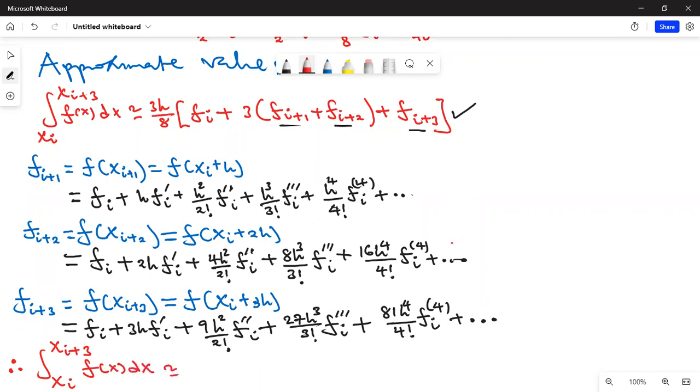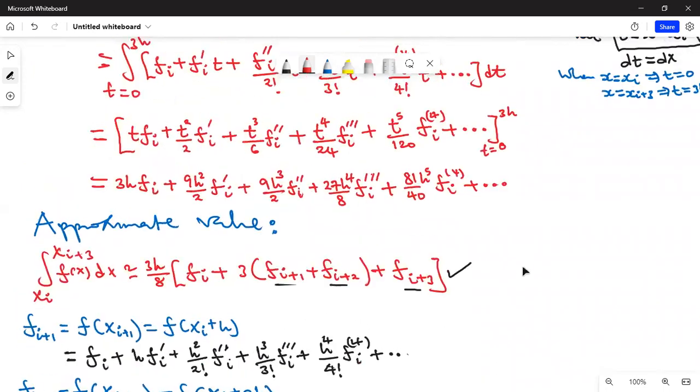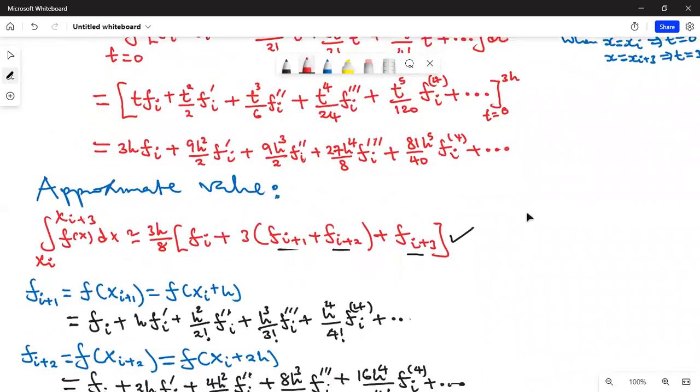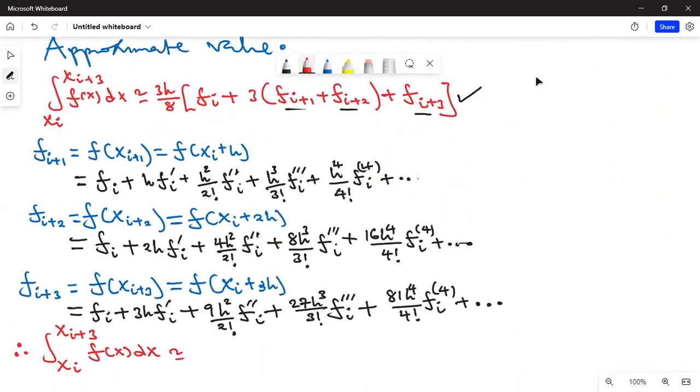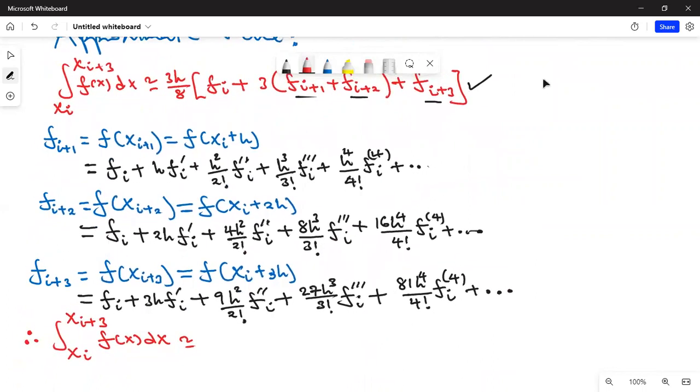That will give you, if I combine the f i's, remember here we have 3h over 8, so combine them. This you take here, so we'll have f i plus another f i, that is 2, 3, 4. So that will be 4 f i, then times 3h over 8. So what will it give us? That will give us 3h f i. So you write the result down here.